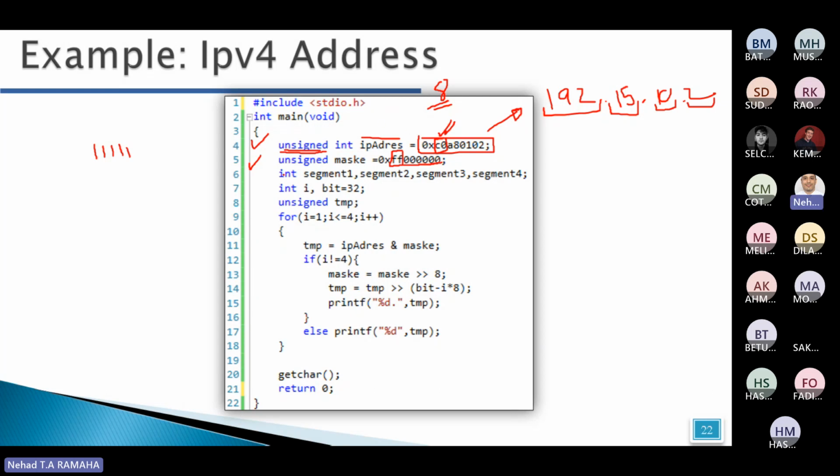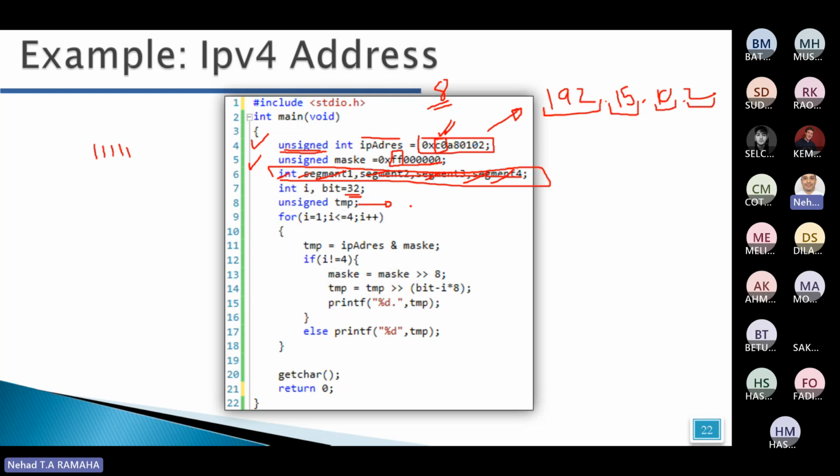I think we don't need this one because we already print it. We will print it directly. So we don't need each segment as a variable. We will print the result. Okay. How many bits? We have 32 bits. Okay. And what's this temp?